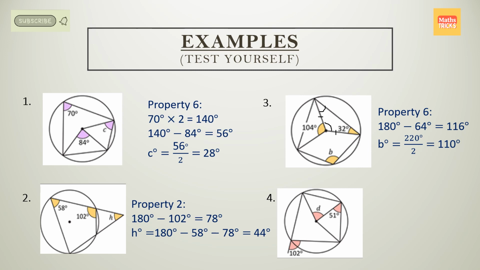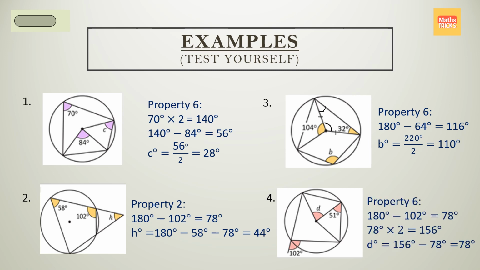Question number 4. This also involves property number 6, as 102 will be subtracted from 180 degrees, as it's a straight line, which will give us 78 degrees. For this center angle, we know that 78 times 2 will be 156.